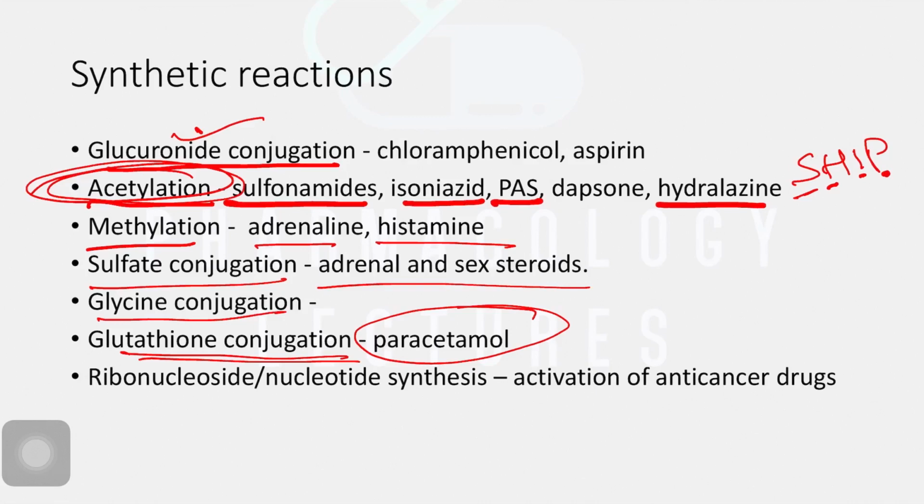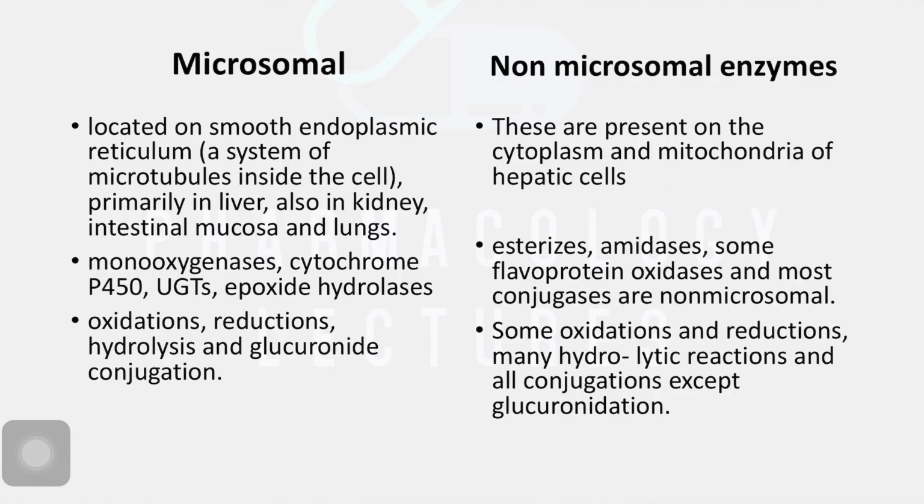And some drugs also have synthetic reactions like ribonucleotide and nucleotide synthesis that is associated with anti-cancer drugs. So different drugs get metabolized through different reactions. Initially we saw the phase 1 reactions that were simple reactions and oxidation was most important, and now we've been seeing synthetic reactions, some complex reactions, and these are some of the examples of drugs which undergo synthetic reactions.